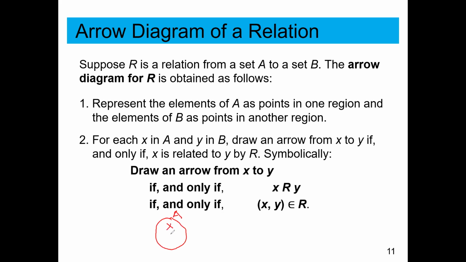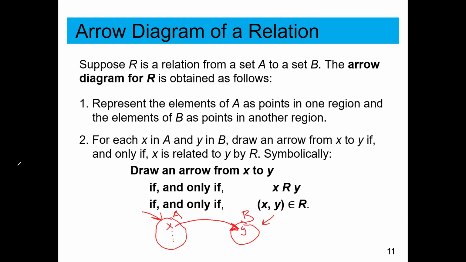So I go X, I could list out a few other things, and over here I list out Y, and this is the set B. So my codomain is over on the right-hand side, domain is here. And I draw an arrow going from X to Y. That is how this idea works, and we list them out, and this gives a visualization of sending them from A to B.